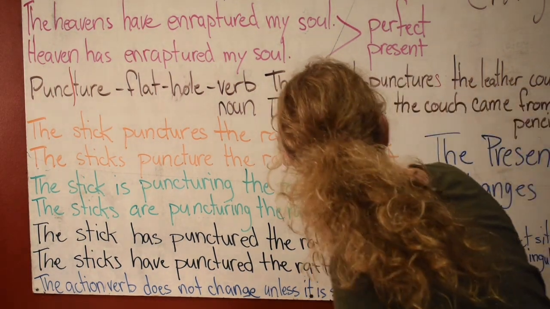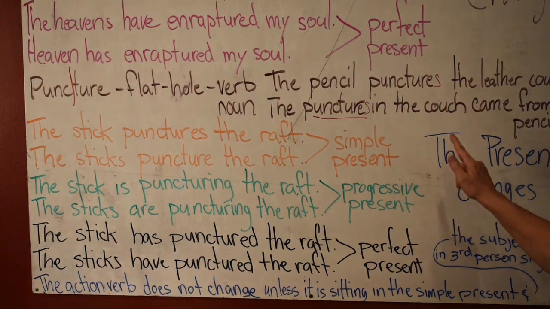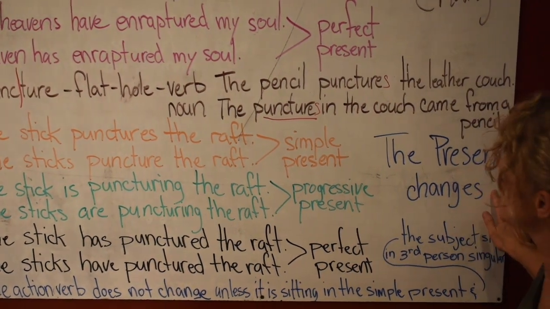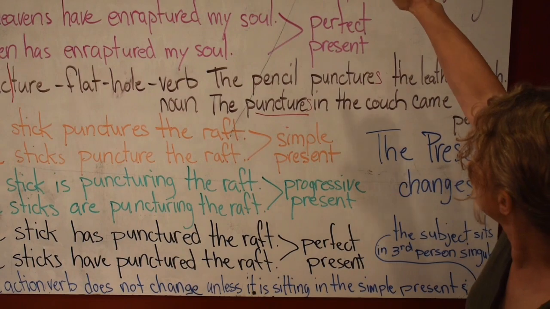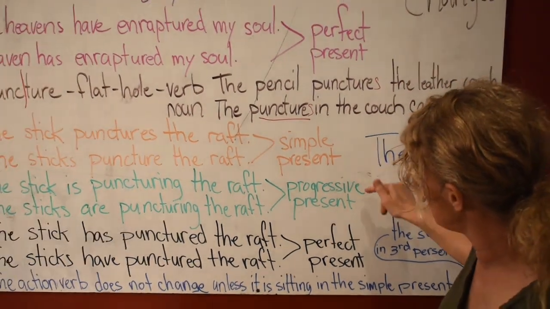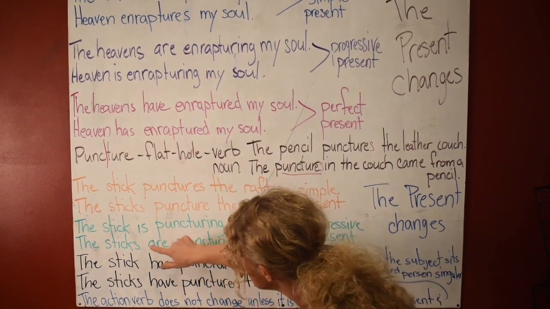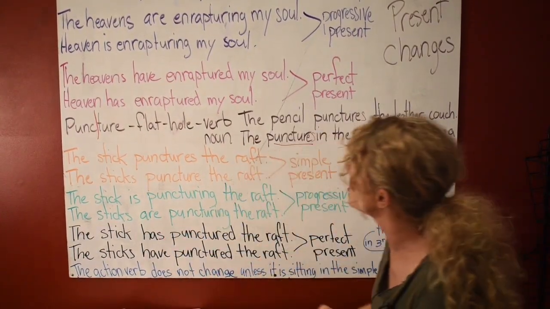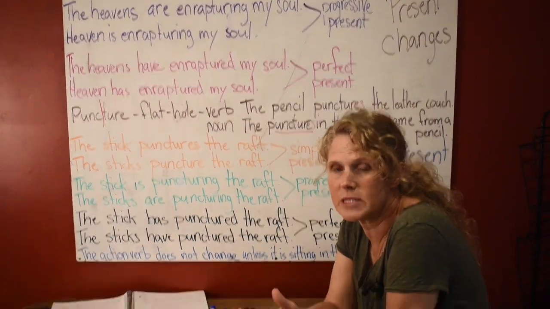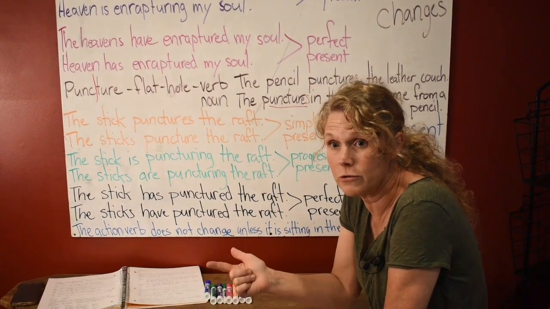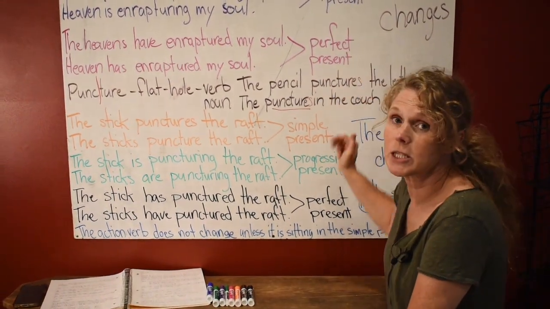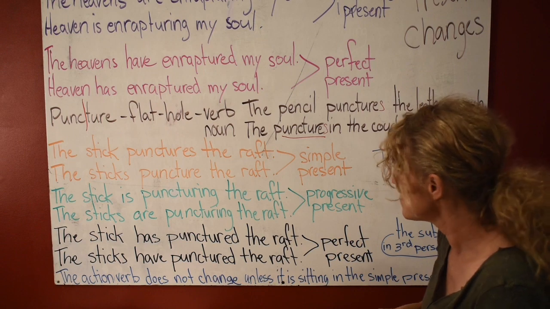Okay, so now, look at this. I want you to remember, the present changes. See how all of these, we're going to get the present to change. See how they changed. These are changing. It doesn't do that when you have them sit in the past or the future. But if it sits in the present, they change.